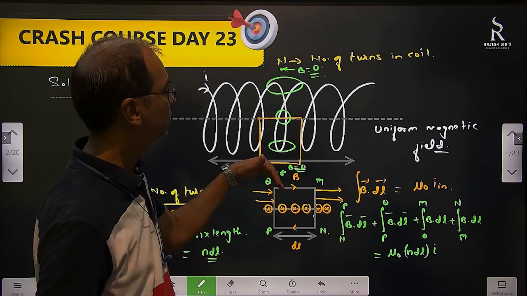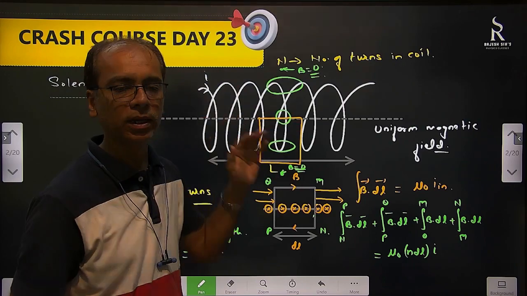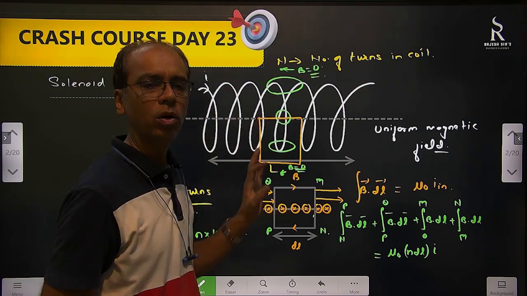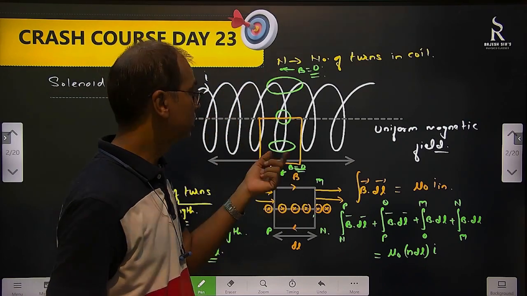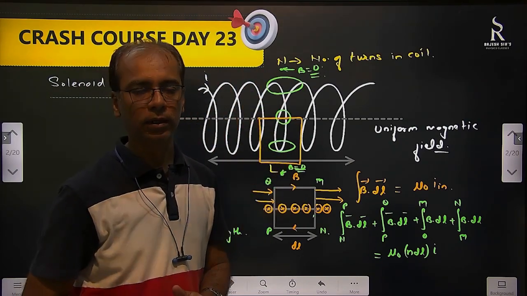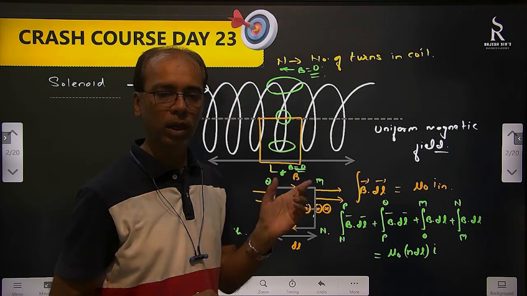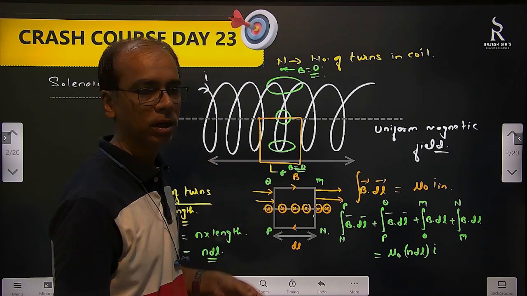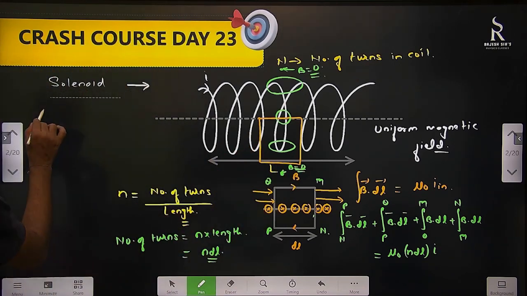Solve it for the lower section and for the upper section also, and then add. Or solve it for the lower section itself or upper section itself and consider that outside magnetic field is 0, then we get our answer directly. Then you don't have to do it twice. So I am using the second method only, in which I consider that outside magnetic field is 0.